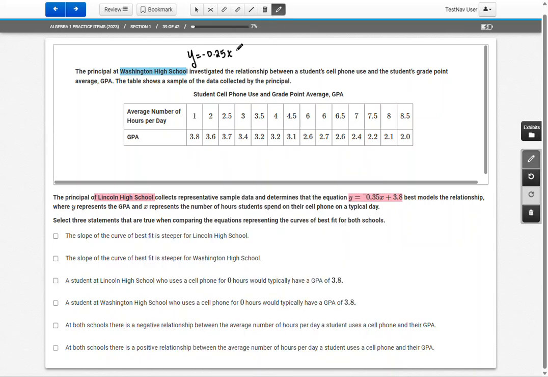So the y-intercept is 4.16. Okay, so here is for Washington High School, and then this one is for Lincoln High School.